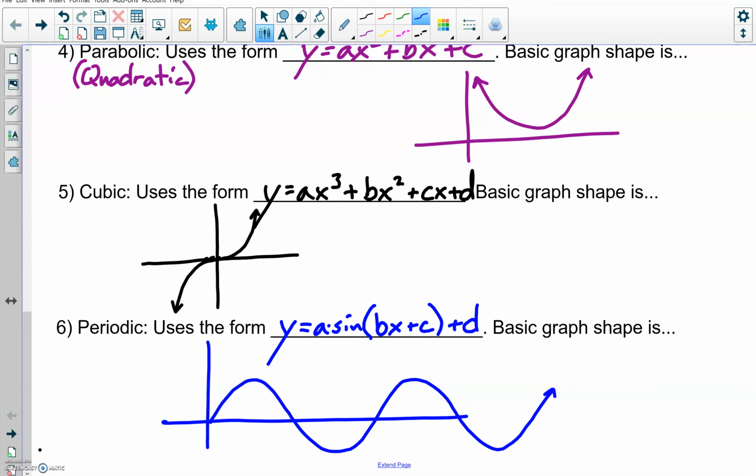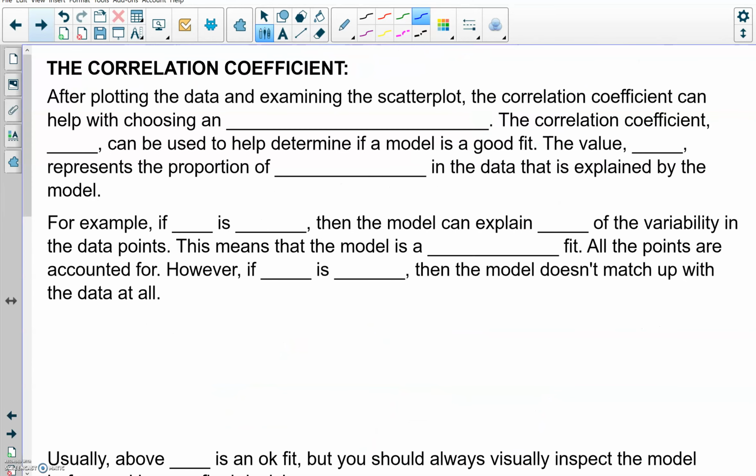Okay, so the correlation coefficient, let's take a look at that. We have our 6 different models that we are going to put into play in this class, and after you plot the data in a scatter plot and examine the scatter plot, the correlation coefficient can help with choosing an appropriate model.